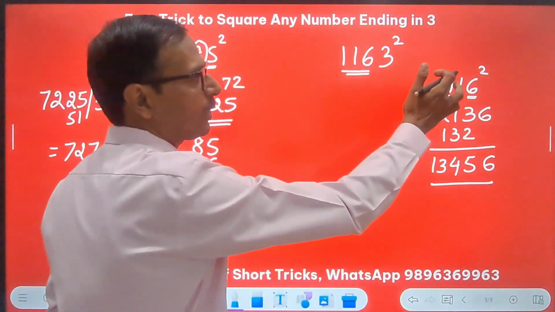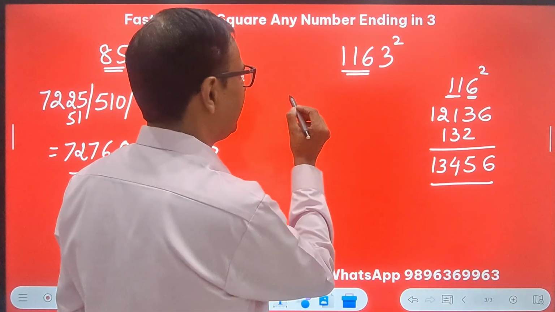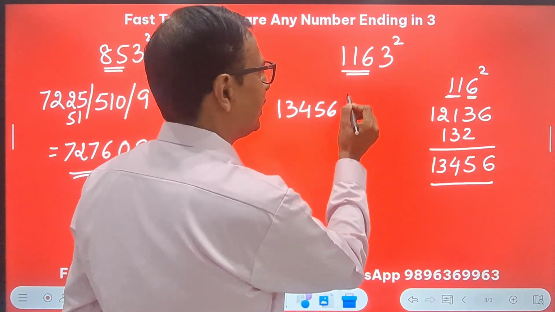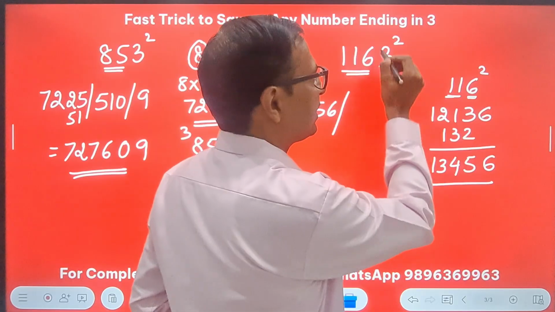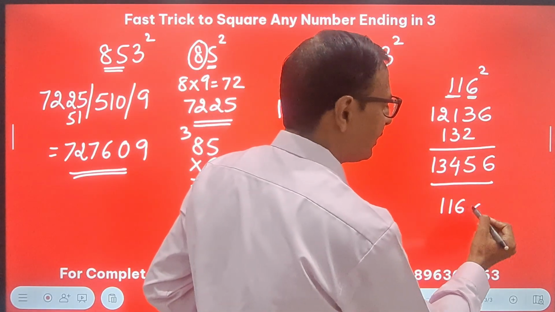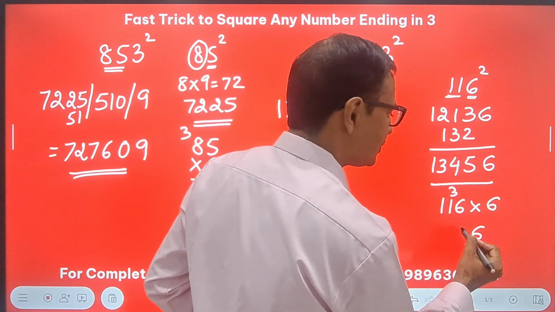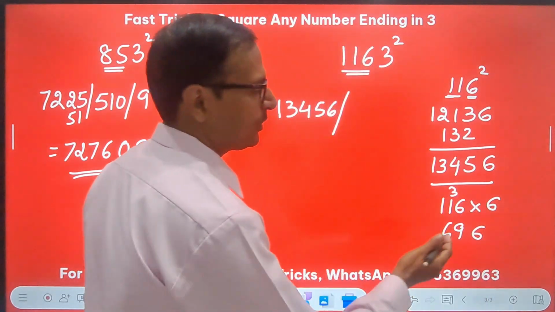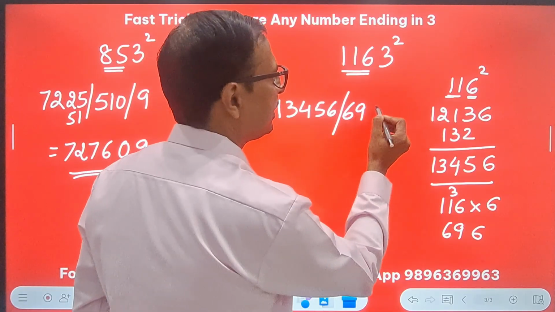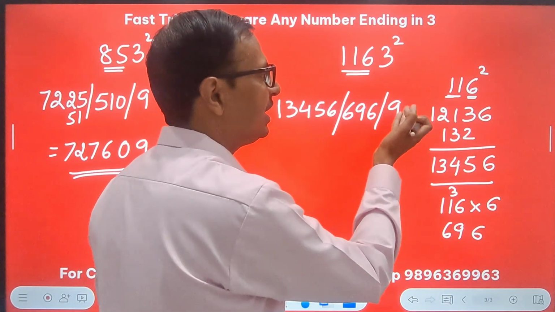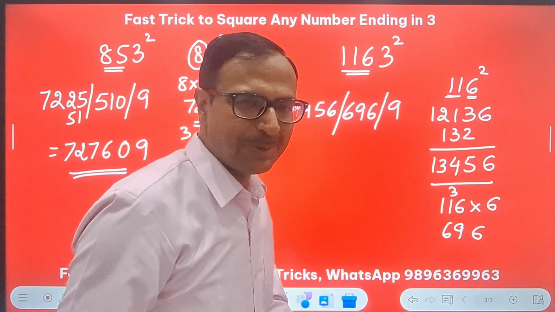So this is the square of 116. So I need this as the first part. 13456. Now how about the second part? This 116 is to be multiplied by 6. So 6 6s are 36. So 9 and a 6. So we have 696 as the second part, and the third part obviously is the 9, because the number ends in 3, the square will end in 9.